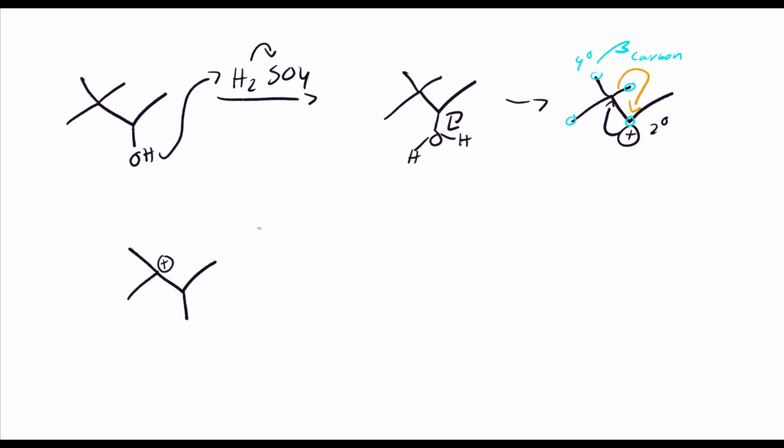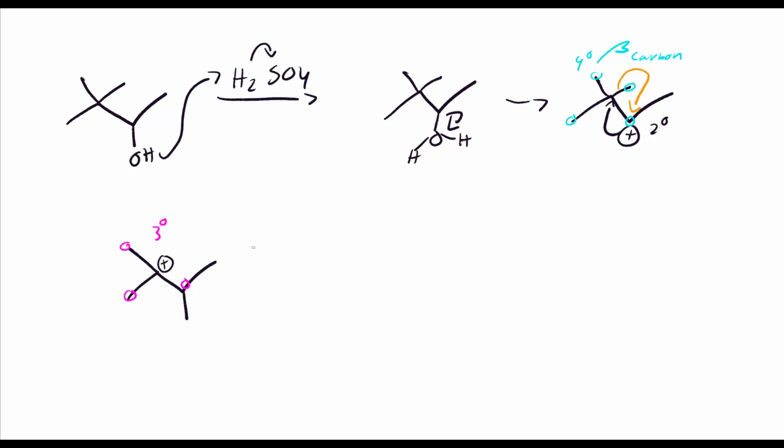But now look at this. We have a 1, 2, 3. That's a tertiary carbocation. And you know, tertiary carbocations are more stable than secondary, and they're more stable than primary. So as you can see, this shifting of a methyl, which we call a methyl shift, is very favorable.